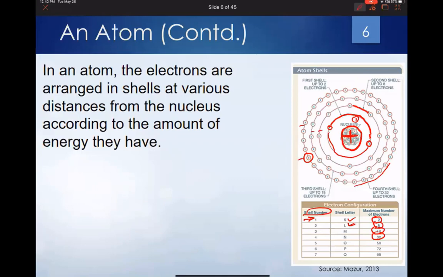So if I apply any external force to this electron, it can be ejected and then just float in free space. And when an electron is ejected from the shell and floats in free space, that's what we refer to as electricity. You have heard this definition many times: electricity is a flow of electrons.